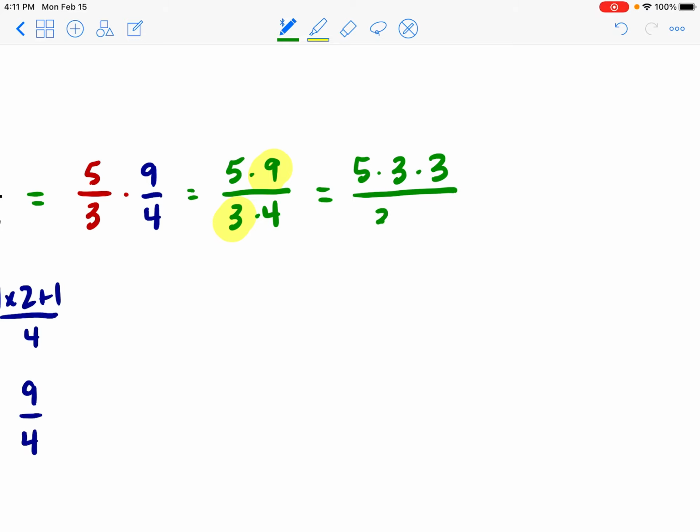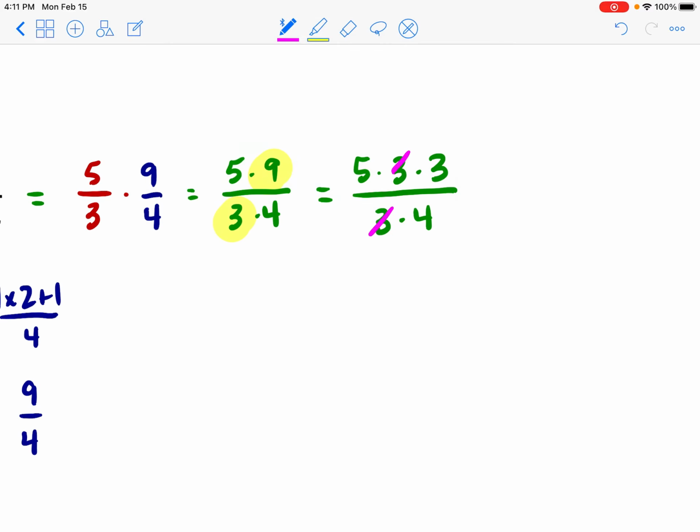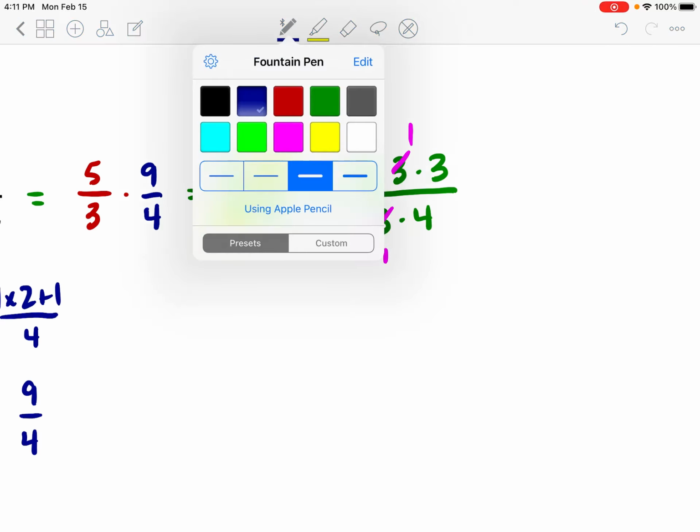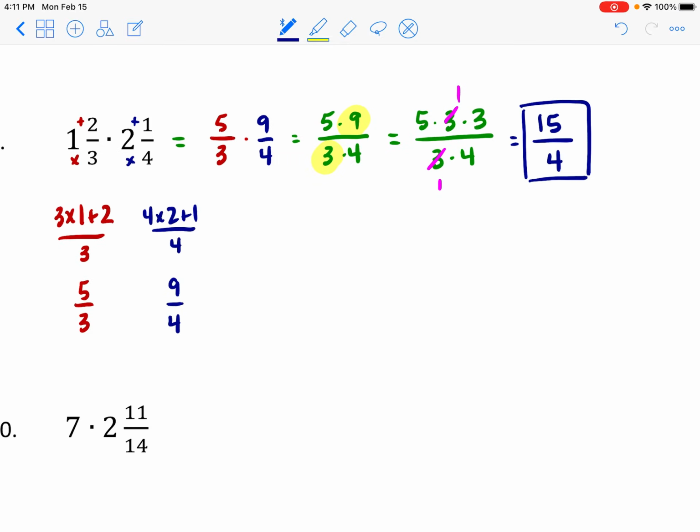My denominator is going to be fine, but that's going to allow me to reduce out a pair of these 3's to 1's. And so what are we left with? Final answer in simplest form is 5 times 1 times 3, which is 15, and then 1 times 4, which is 4. So 15/4 for my simplest form.